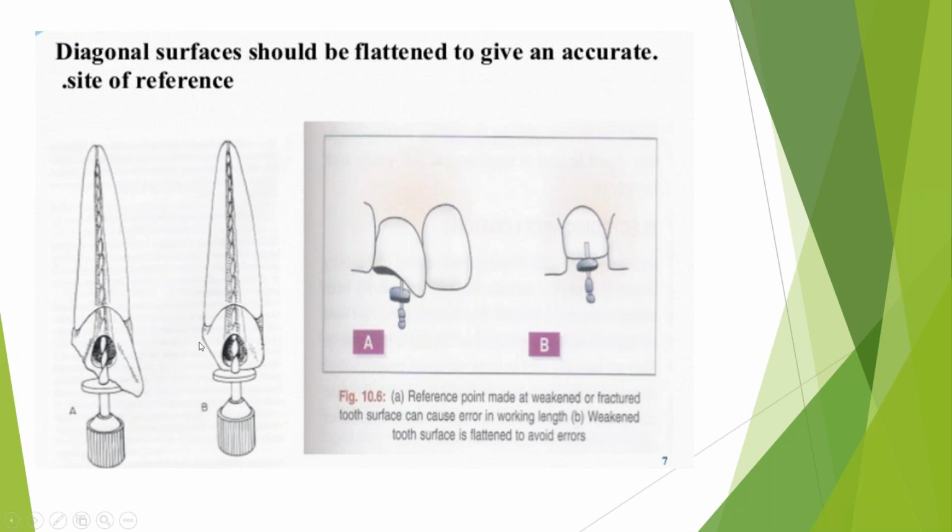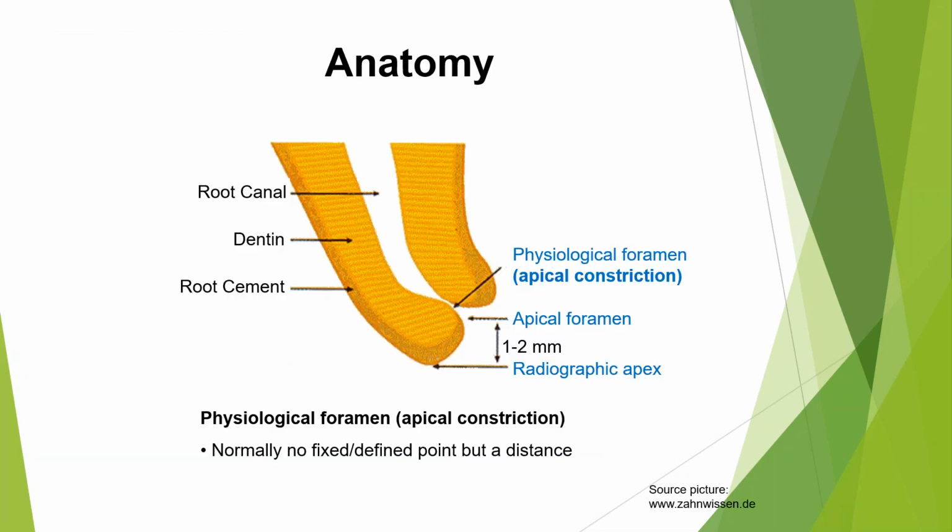If you can see my cursor here, B, being a flat surface, the file actually goes farther down towards the apex if you look at the difference from A. And that's why this diagonal surface should be flattened to give a more accurate site of reference. And that's what that diagram is showing you.